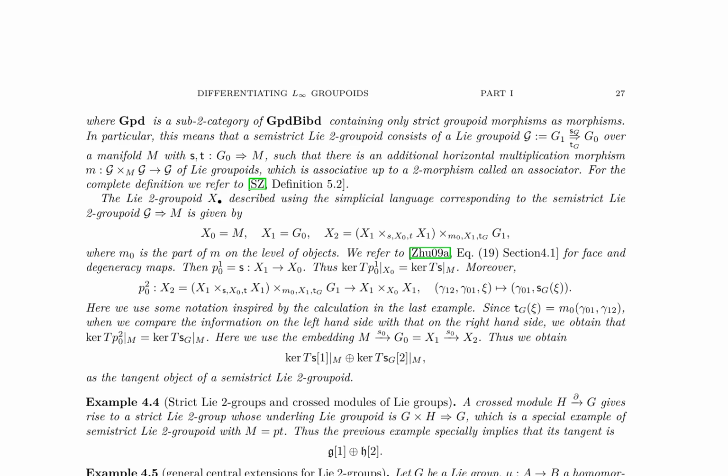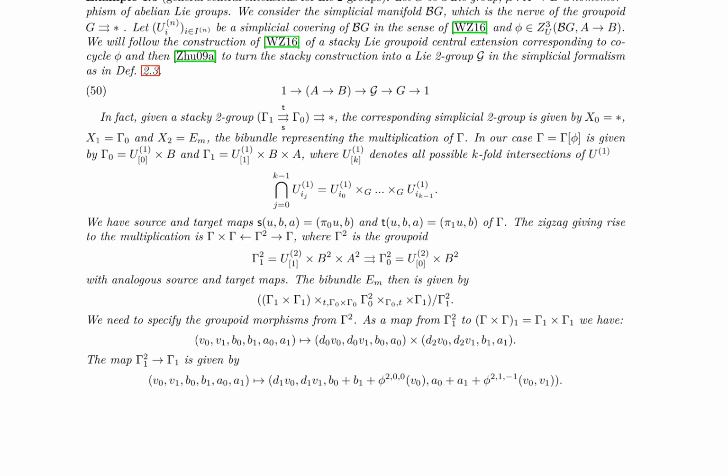The first example is a strict Lie2 group arising from a crossed module H → G of Lie groups, which gives rise to a Lie groupoid G times H ⇉ G. The tangent object of this Lie2 group is G, 1, circled plus H, 2.